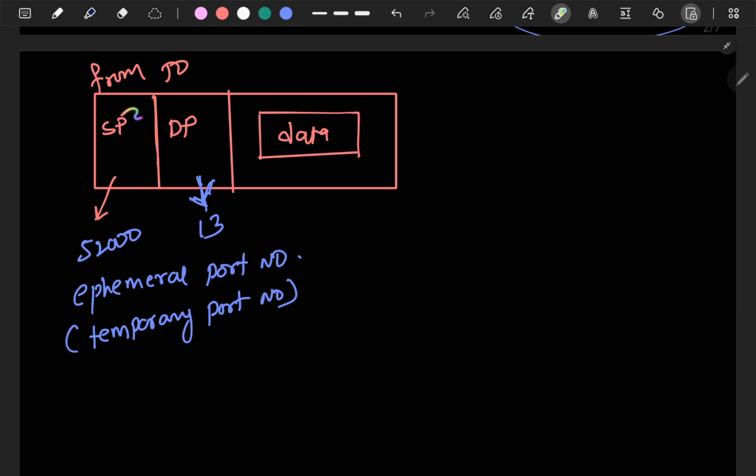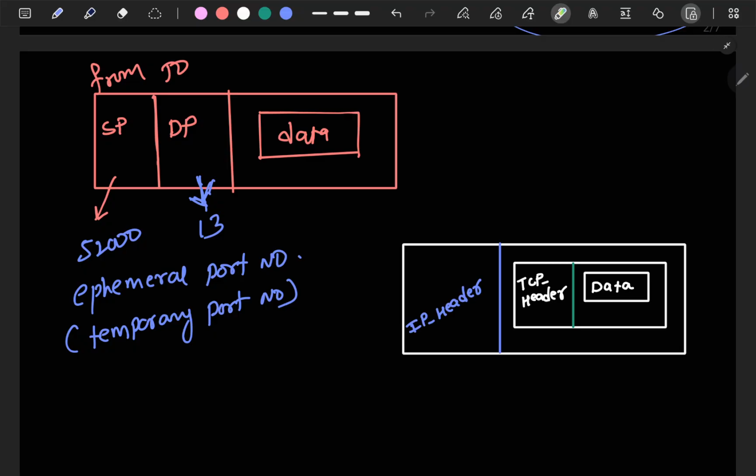I was only talking about source port address and destination port address, but this is not the only information we have in the header. There is much more information we need so that data can safely reach the destination. So we are going to see what additional information we need in the header.